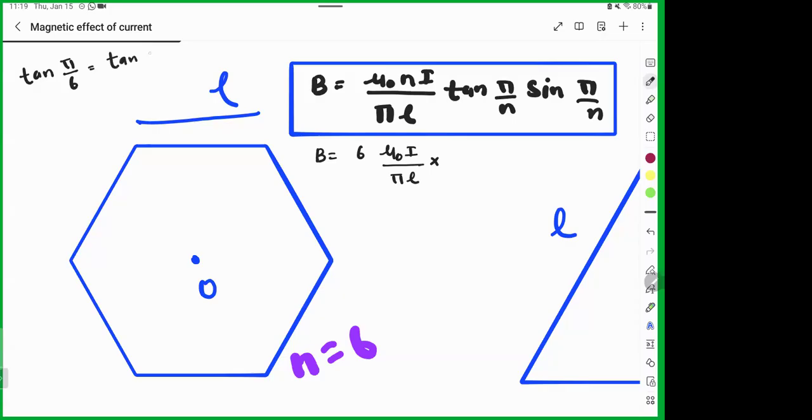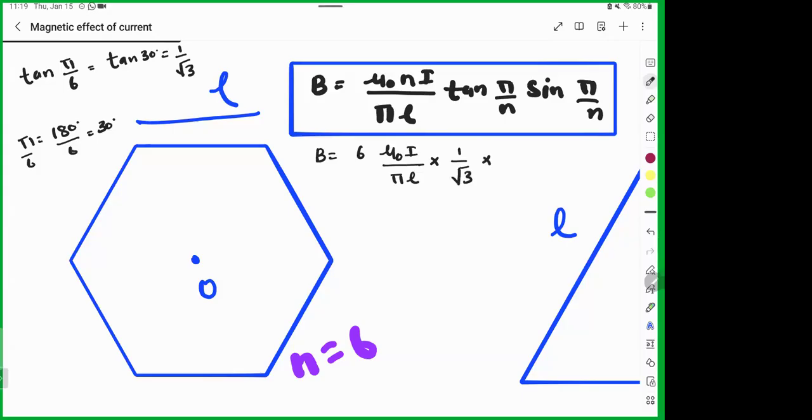What is the meaning of pi? 180-degree angle. Yes, sir. So pi by 6 will be 30. What is tan 30 value? So 1 by root 3. Yeah, my bad.